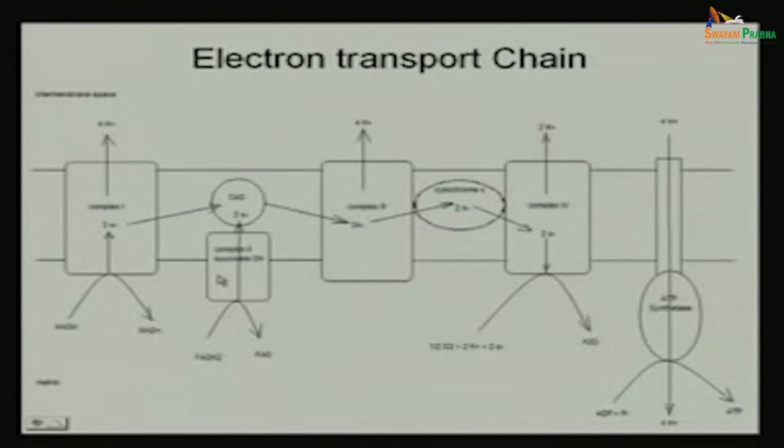As I have already discussed, succinate dehydrogenase, the enzyme mainly responsible for transferring the electron from FADH2 to the electron transport chain, that is the ubiquinone, is present in the inner mitochondrial membrane. That means complex 1, complex 3 and complex 4 are on one side and complex 2 is present in the inner mitochondrial membrane.